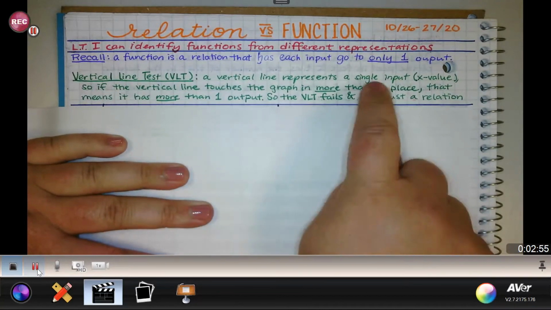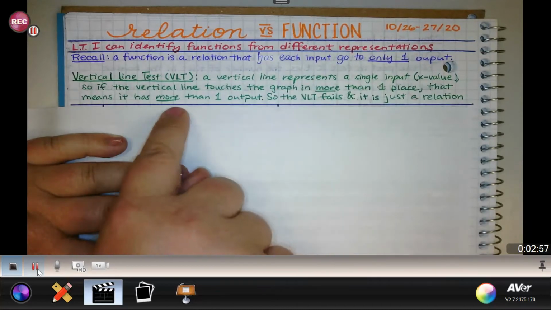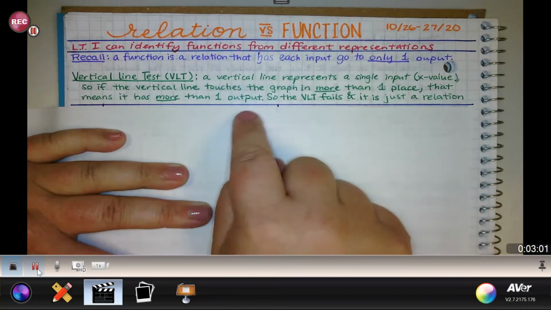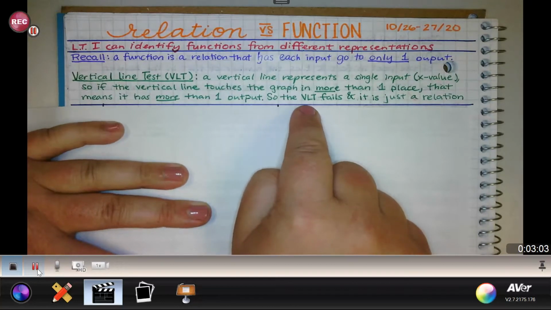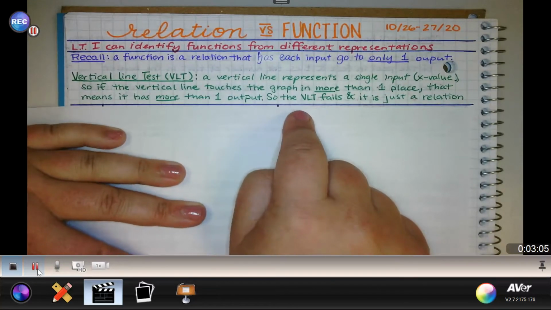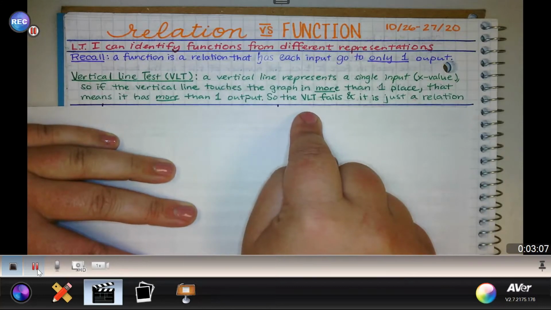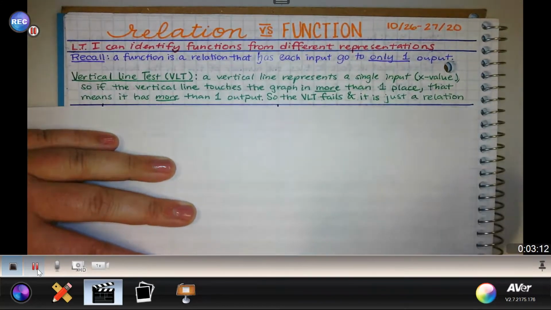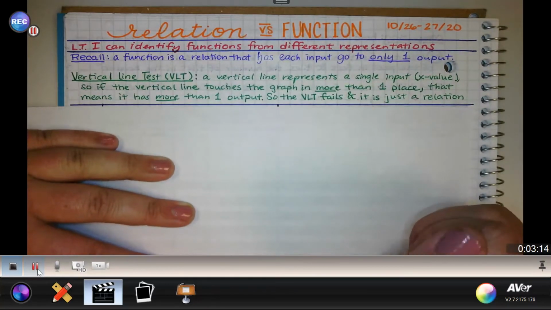So that would be a single input going to more than one output. So then the phrasing we would use is, if that happens, we say that the VLT fails, or vertical line test fails, right? And it's just a relation. So it's still a relation, but it's not actually a function, okay?